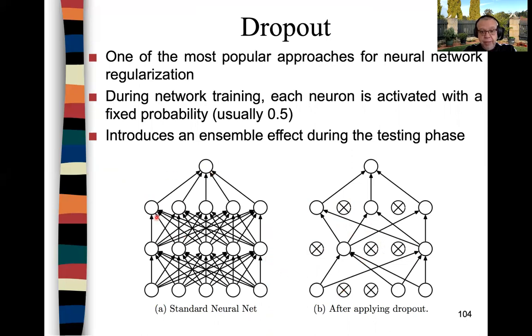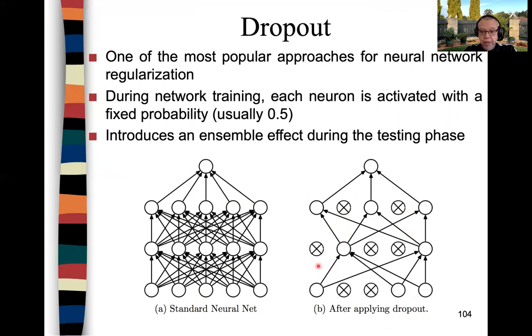So for each training sample, the model is going to change. Instead of having this fixed model, maybe for one training sample you're going to have this configuration, this subnetwork, if you want.